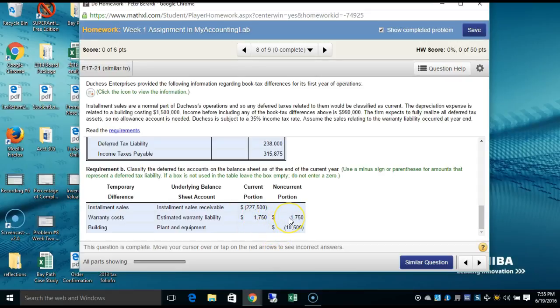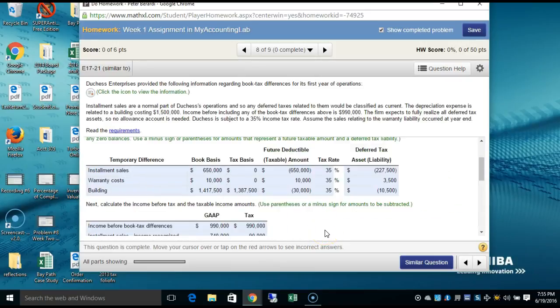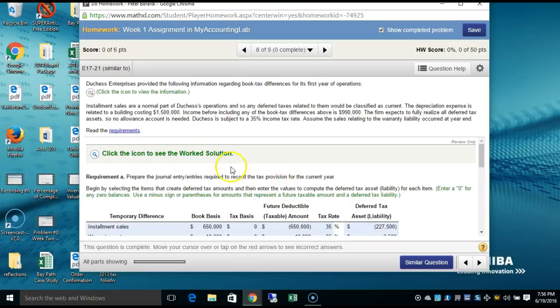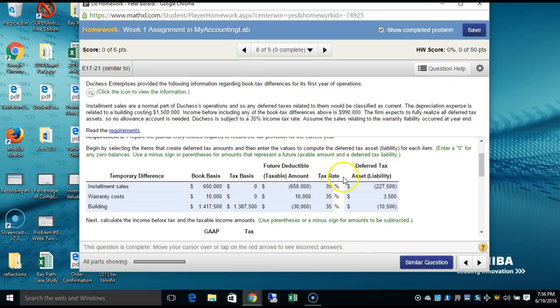The non-current portion is the other 12 months remaining on the 2-year estimated warranty liability, and the plant and equipment, which is long-term asset. So hopefully this helps you get through this solution without too much struggle. It is a little more complex because it combines several different types of tax-deferred asset and liabilities.